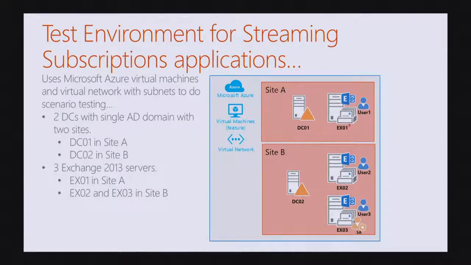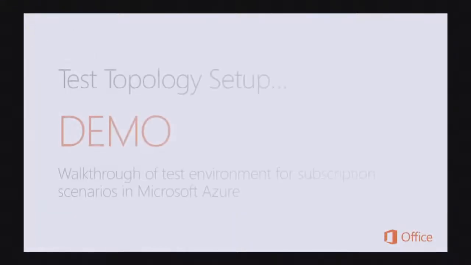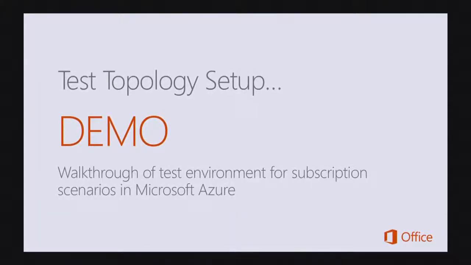So I've got 1 Exchange server in site A, 2 Exchange servers in site B. The key there is just to show the difference between moving mailboxes between servers within a site versus cross-site, and we can get into some different error scenarios. So this testing environment is very simple, but it runs you through all the functional scenarios that you would want to test if you're trying to do streaming subscriptions at scale, even against the service. And these are all Exchange 2013 boxes in the environment. So let's just take a quick look at that.